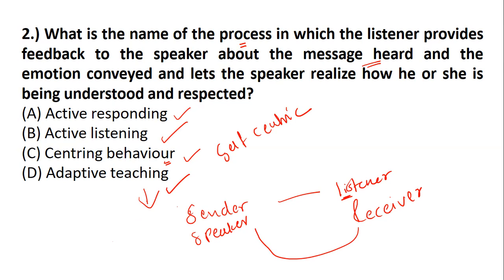Now you as a listener will provide me feedback about exactly what you have understood of the message I have conveyed. So what is that called? Obviously, I will try to understand with the help of feedback what you have clearly understood. So that process will be called responding, active listening, centric behavior, or adaptive teaching.